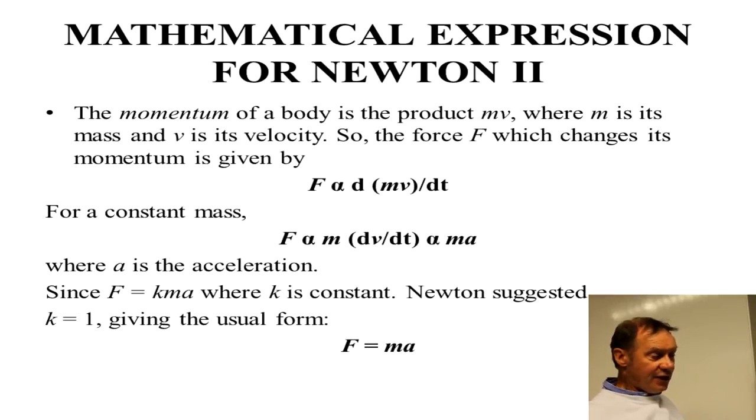So the force F which changes momentum is given by F proportional to d by dt of mv. For a constant mass, F is proportional to m dv by dt, which is proportional to ma, where a is acceleration. Newton decided to let k equal 1, so since F equals kma, we have the usual form F equals ma.